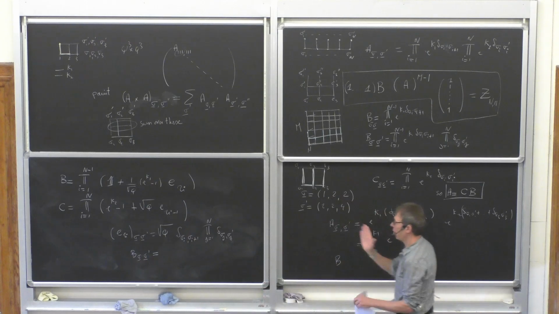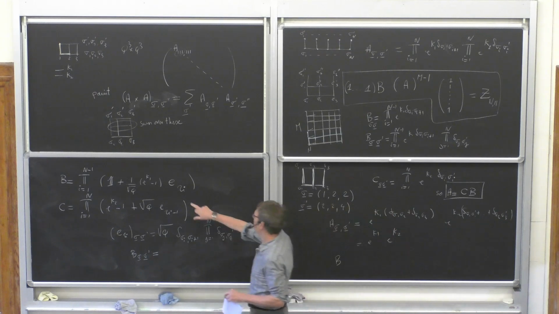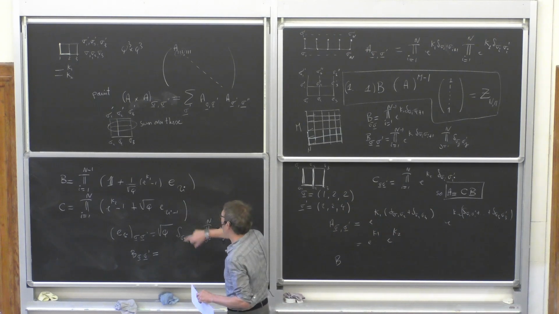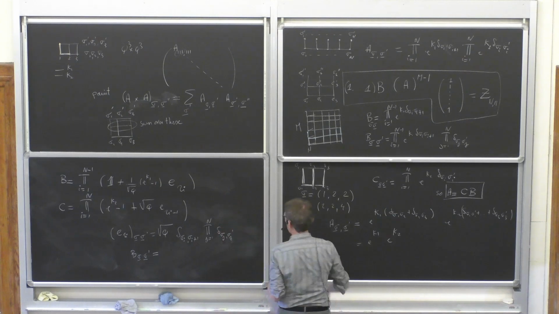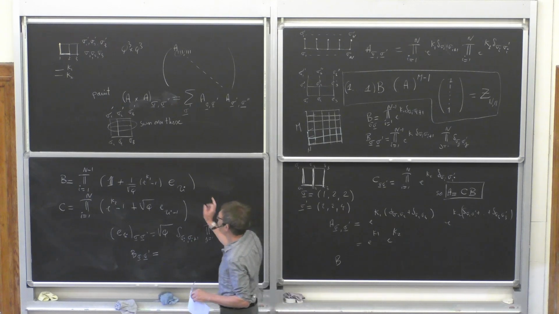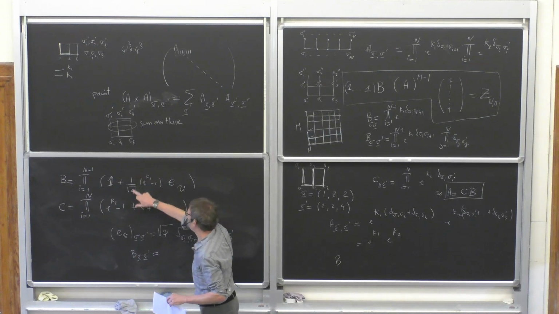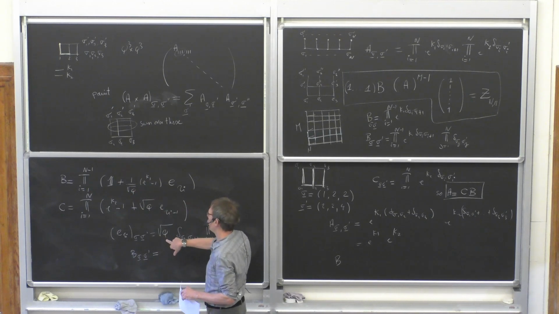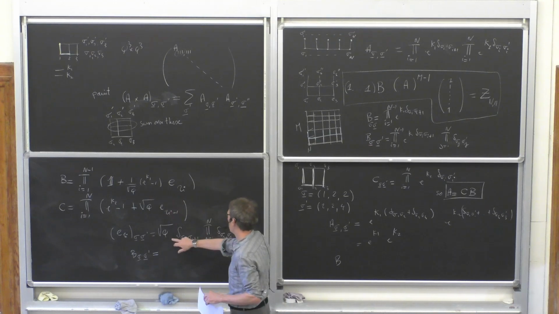So for each edge, I'm just first sending all the spins to their identical values. But the point of this matrix is simply to ensure that for each I, whenever sigma I is equal to sigma I plus 1, the total contribution is 1 plus 1 over square root of q times square root of q. This is perverse, but it's because the e's will be nice objects later on.